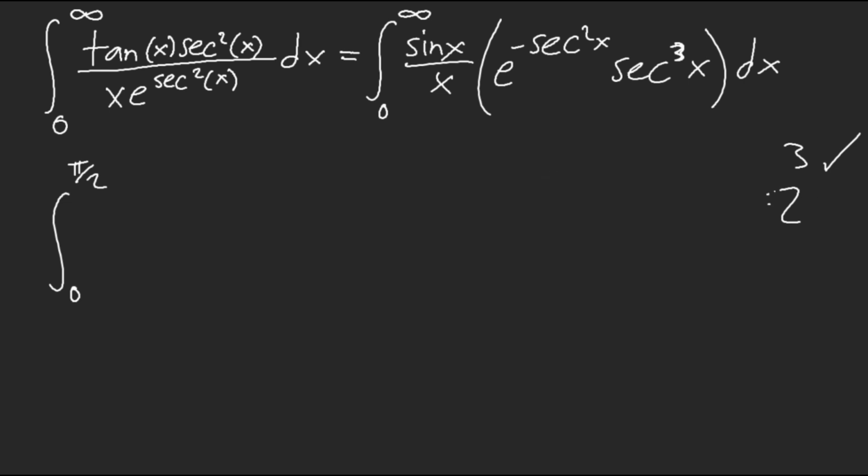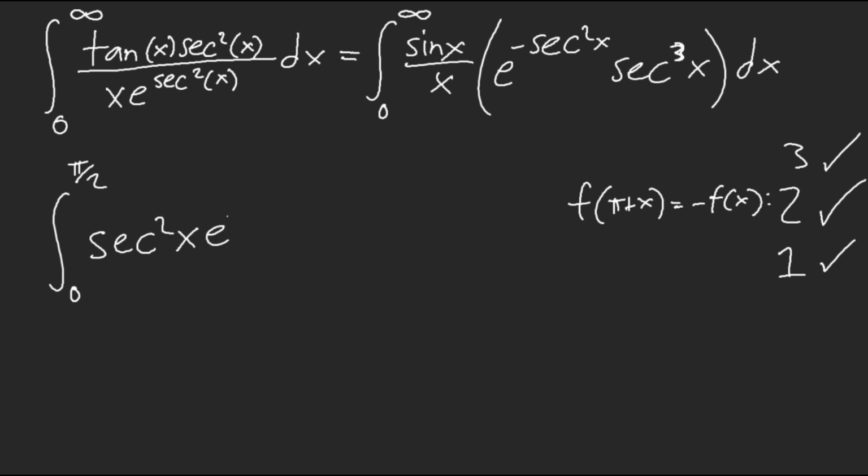It doesn't satisfy the pi minus x, but it does satisfy the other one, so we'll use that instead. That means we'll be using cosine Lobachevsky, and this will end up being secant square instead.